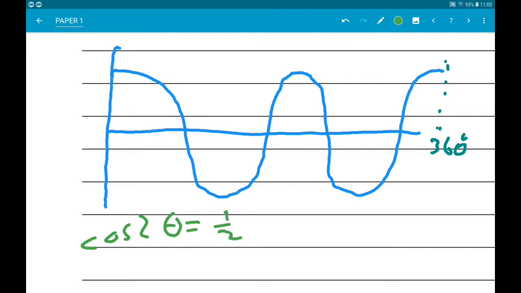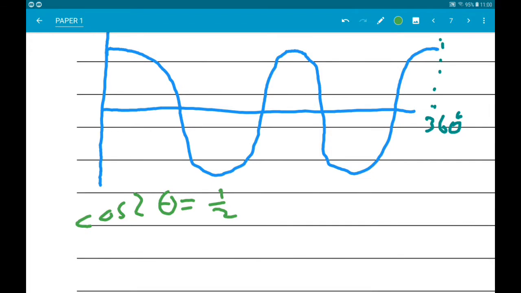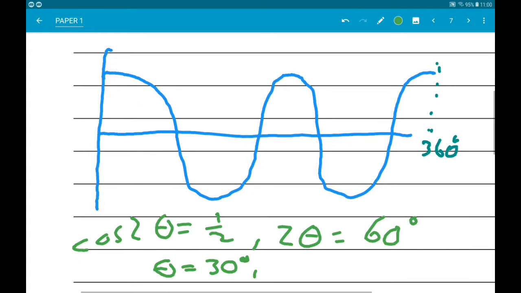So if we inverse cos, we will get 2 theta is 60 degrees. So theta is 30. Now that is going to give us this first chap here.